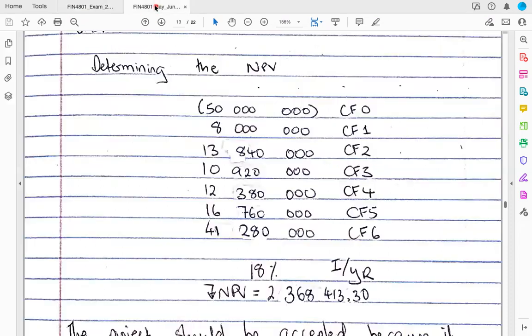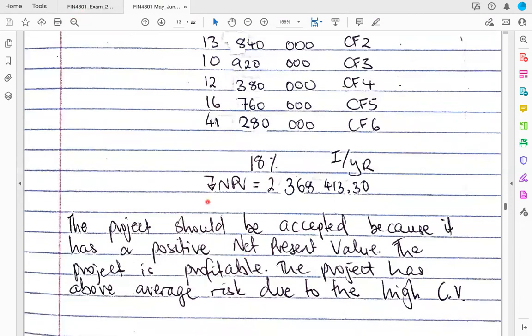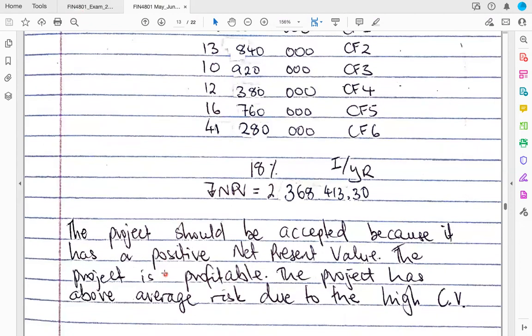So you likely have to write a really short paragraph just explaining whether you would accept or reject the project, also stating whether the project is profitable or not. Obviously, if you accept it because NPV is positive, it means it's profitable. Likewise, if NPV is negative and you reject it, it means it's not profitable.